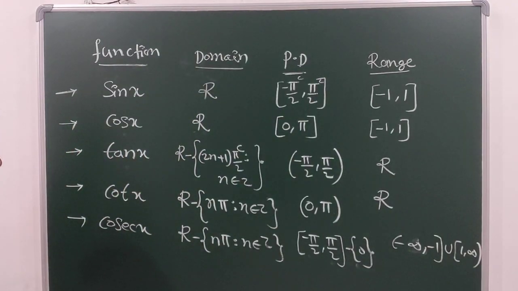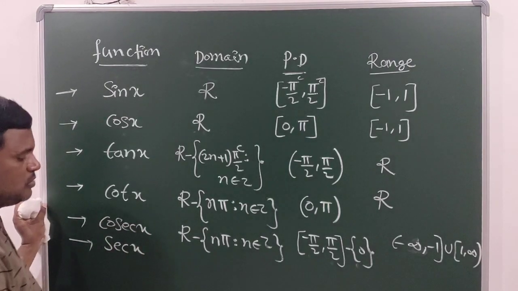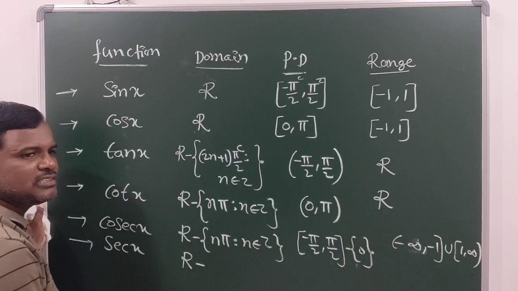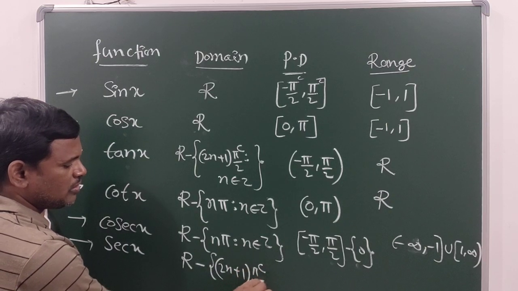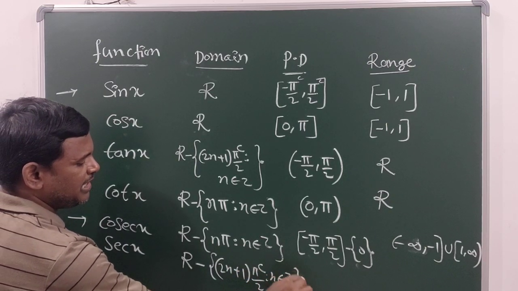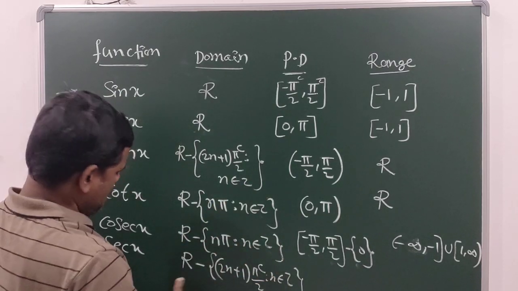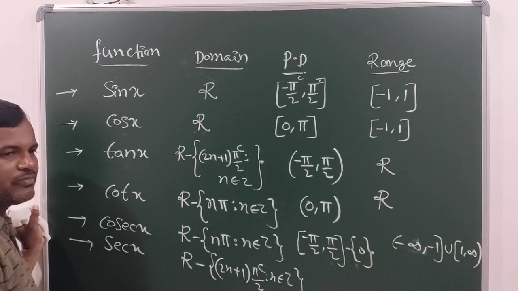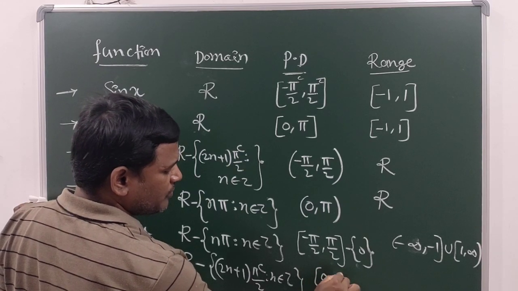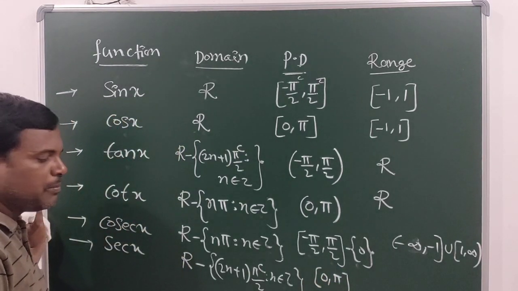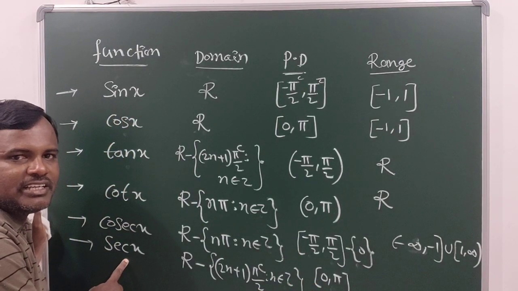Okay, next sec x. Its domain is R minus odd multiples of 90, where n belongs to any integer. Here Z means the set of integers. The principal domain of sec x is the closed interval 0 to pi, but 90 should be subtracted because secant 90 is not defined.